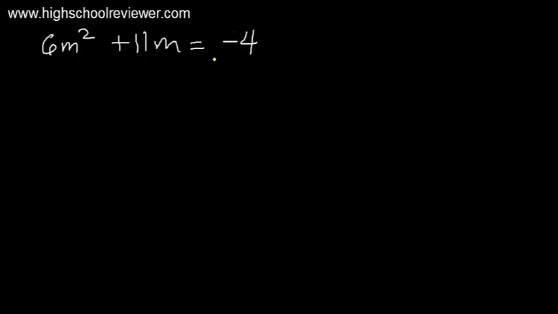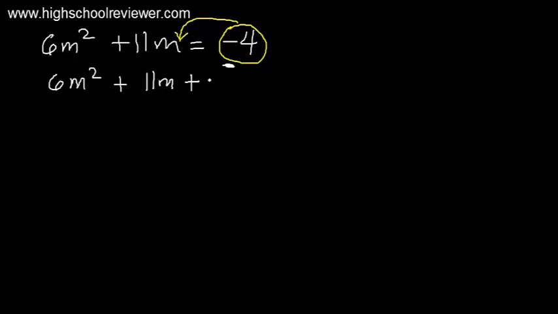So what we need to do is transpose negative 4 to the other side, so that all the terms will be combined. Okay, so transposing, we will have 6m squared plus 11m. If we transpose negative, this will change sign. This will become positive 4 equals 0.